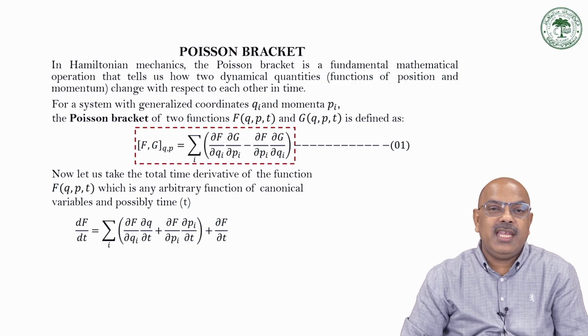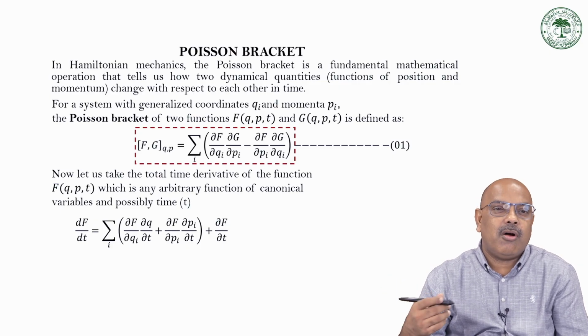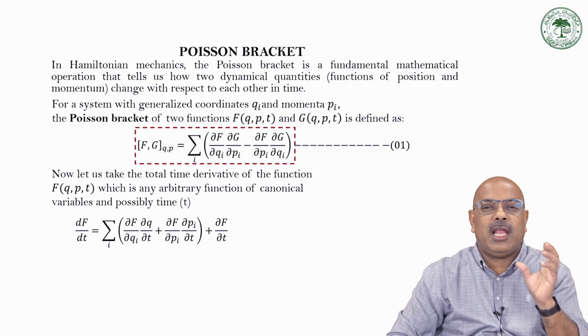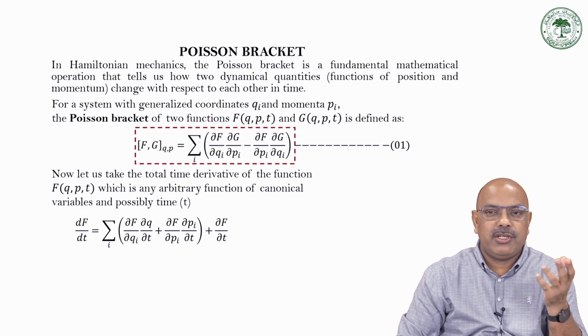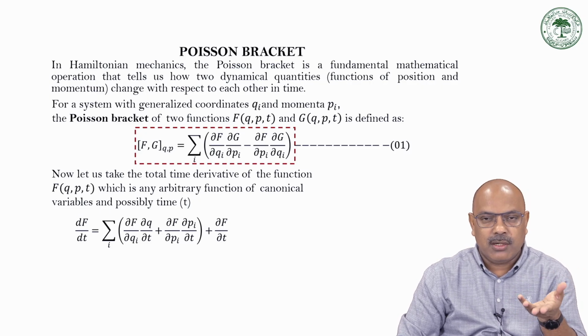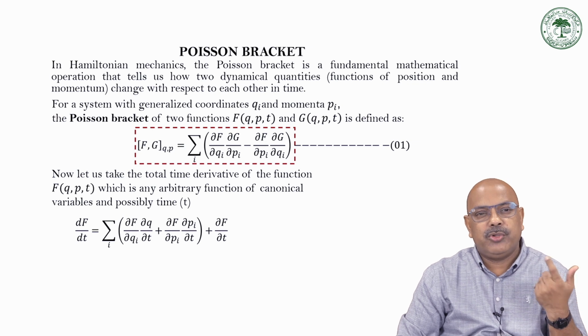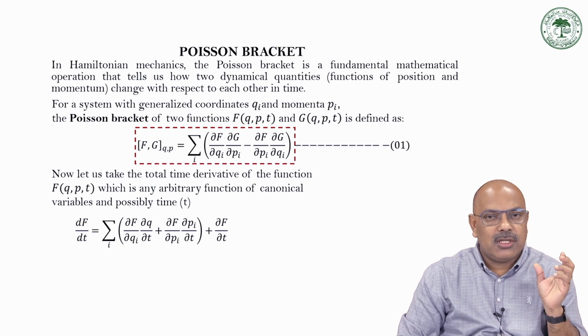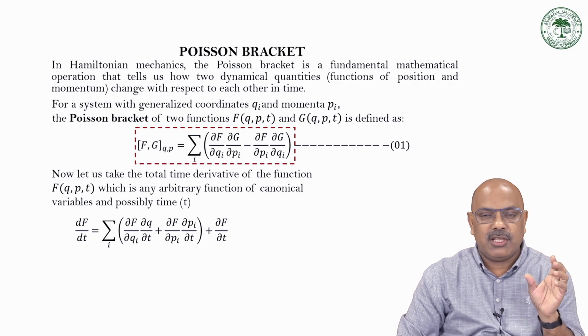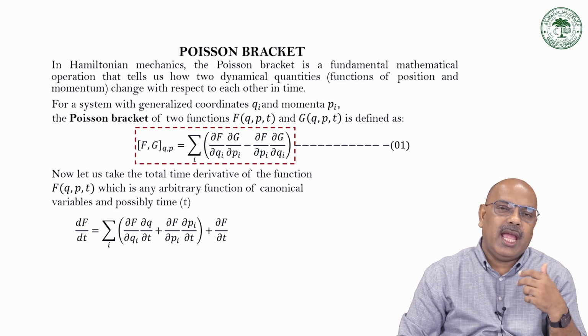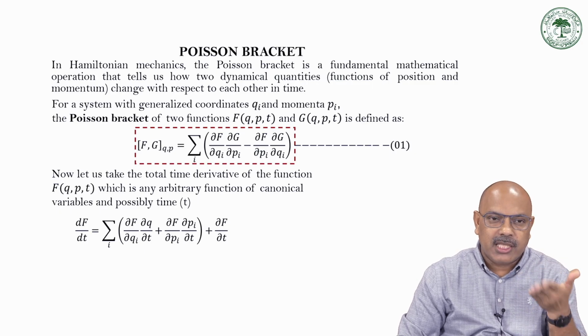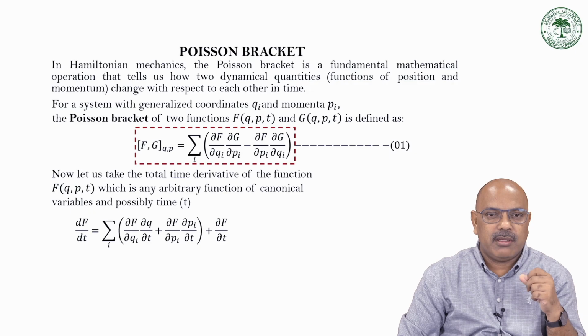Okay, this again is a fundamental mathematical operation that is going to tell you how any two dynamical quantities, which are naturally functions of the position and the momenta, change with respect to the change in the position and the momenta, and that mathematical operation is known as the Poisson bracket.